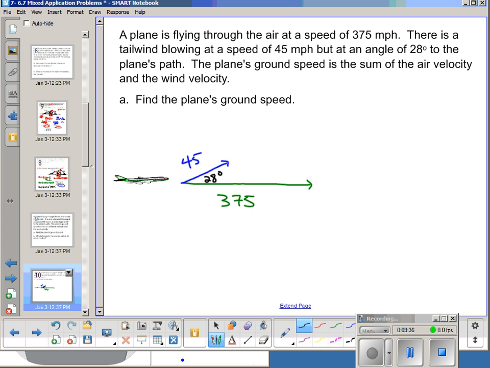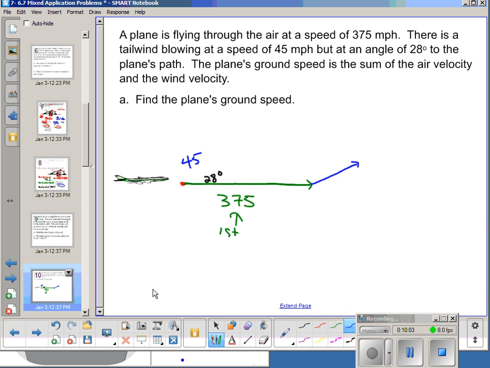Now the actual flight of the plane is going to be somewhere in the middle, right? It's the sum of these two vectors. And when we add vectors, it doesn't matter which order, but if I start with the first vector right here and I add the second, the motion overall is the same as starting at the start of my first and ending at the very end of where I go.